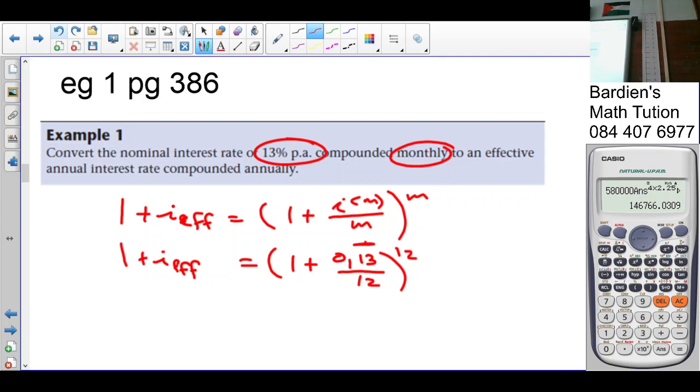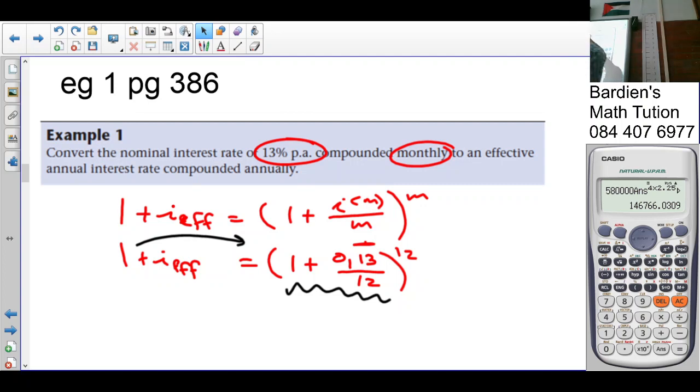Now what we do is we punch this in a calculator and we subtract 1 from it. That's going to be open brackets, 1 plus 0.13 over 12, the exponent 12, then minus 1.